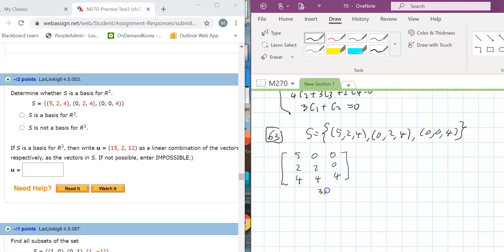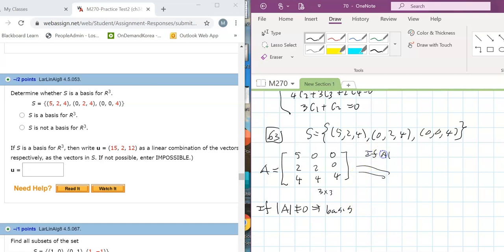So this is 3 by 3 again. Okay, so two bases. If I call this A, if the determinant is not equal to 0, that means it is a basis. Why?